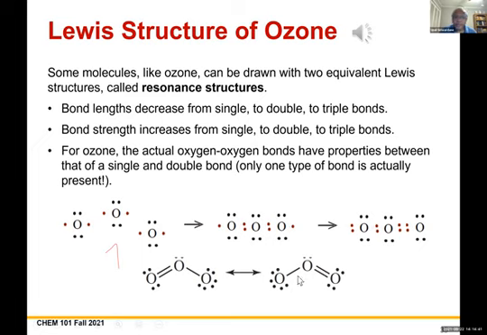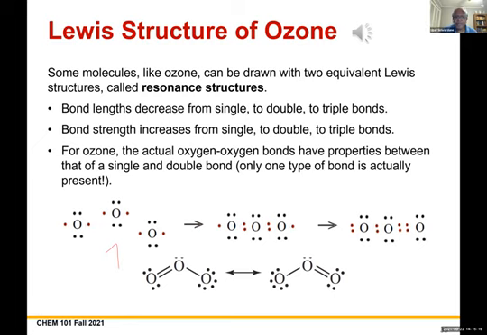But the double bond could be distributed in a different place. That's exactly what happens. In the ozone molecule, the 2 oxygen-oxygen bonds are not one single and one double. They are averaged out. The bond order is about 1.5, where 1 is a single and 2 is a double.